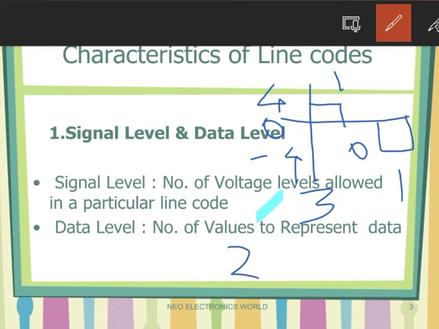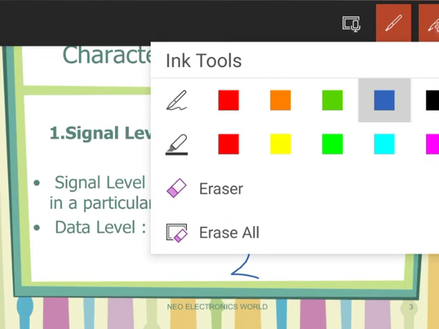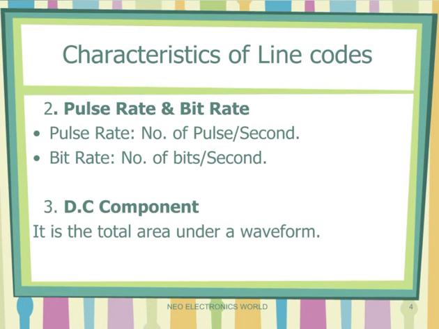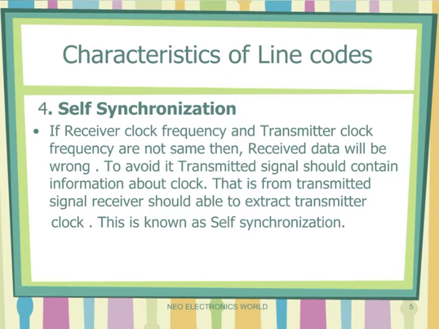So for indicating 2 data levels we can use 3 signal levels, or vice versa. We have to think about that.